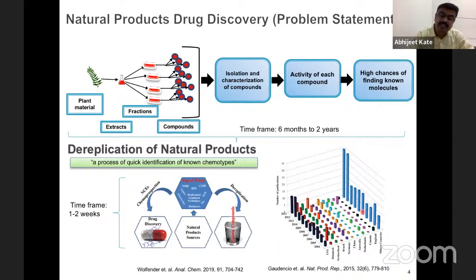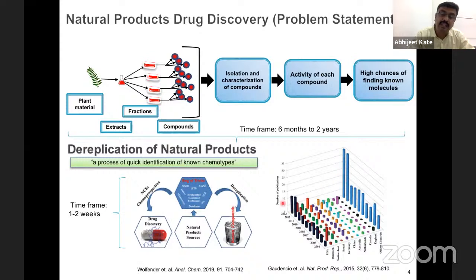There is one statistical data, as you can see on the right hand side of this slide, that shows the number of publications in different years from different countries. As you can see, from 2004 to 2013, actually this review was published in 2014, and that was an interesting review, but after that I didn't get the related data, though I'm sure the number of publications would have increased tremendously.